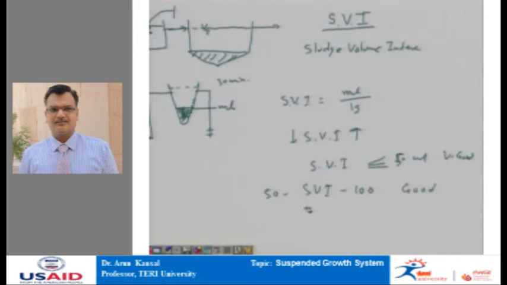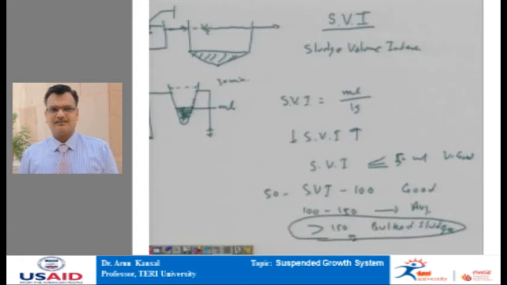If it is in the range of 100 to 150, then it is called average quality, and greater than 150, then it is called bulk sludge. And this bulk sludge is a problem in many of the sewage treatment plants working on the activated sludge process. A bulk sludge is one which occupies more volume in the settling tank.